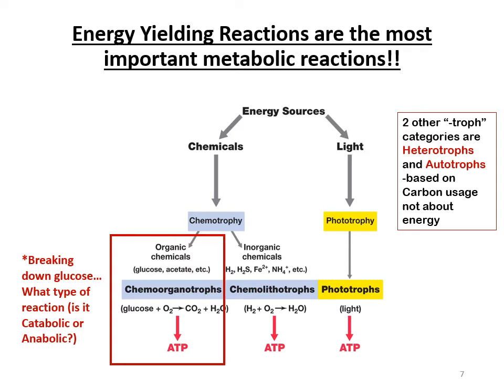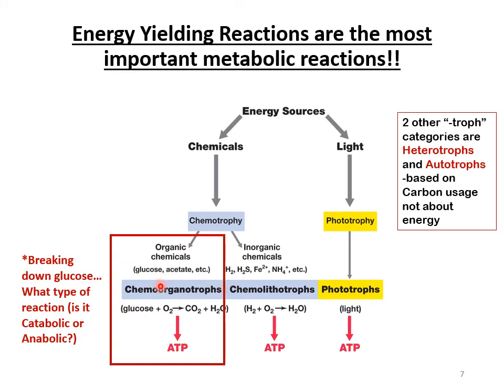Whereas autotrophs, they are breaking down inorganic material to get carbon. Notice both cases, they want carbon. These three terms, on the other hand, these three terms over here, they are breaking things down to get energy. Okay, not carbon, they're breaking things down to get energy.